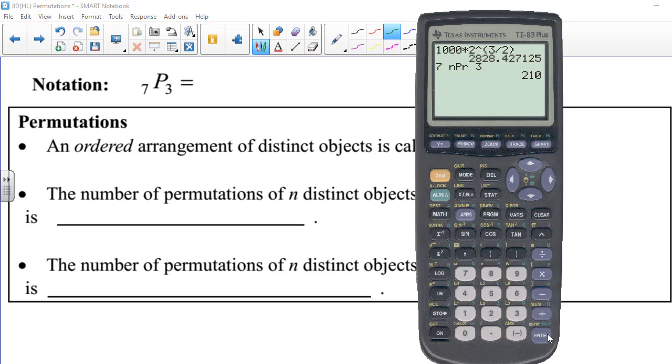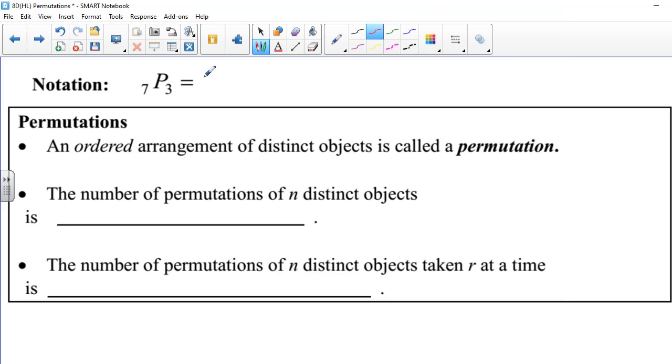We can find 7P3 is the same as 210. So this is a notation for 7 times 6 times 5. It's also the same as 7 factorial over 4 factorial, equal to 210.